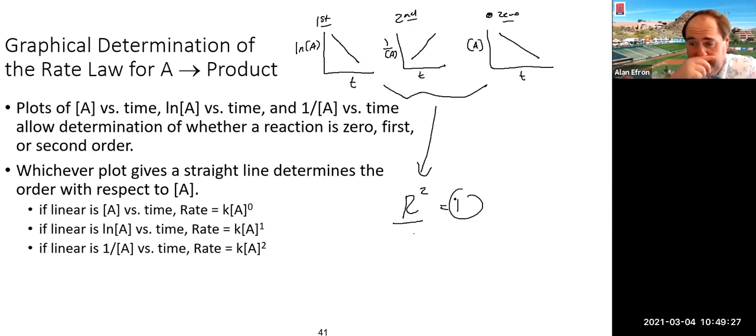So if you did all 3 of these graphs in Excel, an XY scatter plot with your best fit line, you would compare the R squared values, and whichever one is closest to 1 would be the most linear, and that would graphically tell you what the order of the reaction would be in that particular case. Any questions on that?